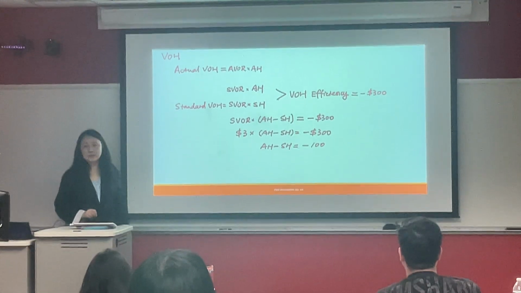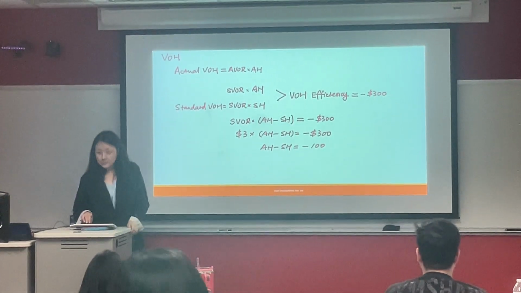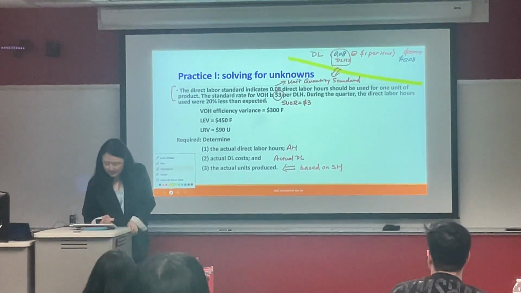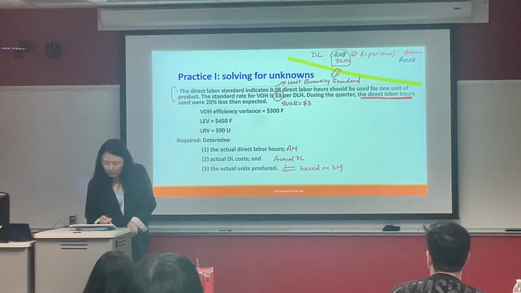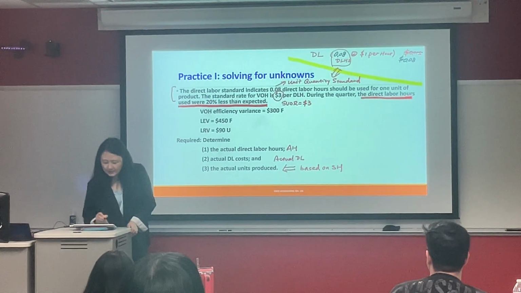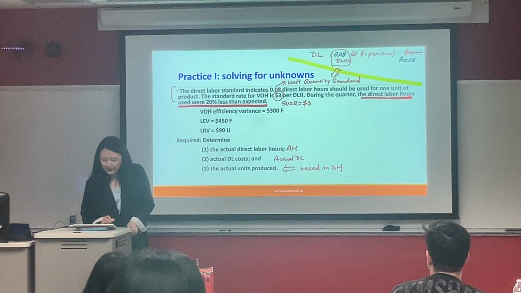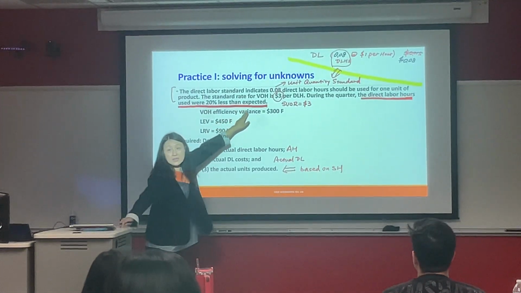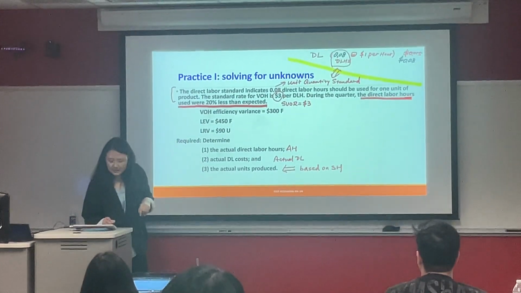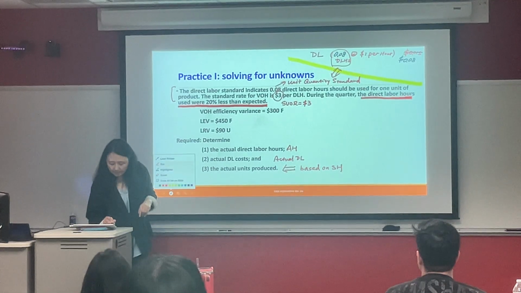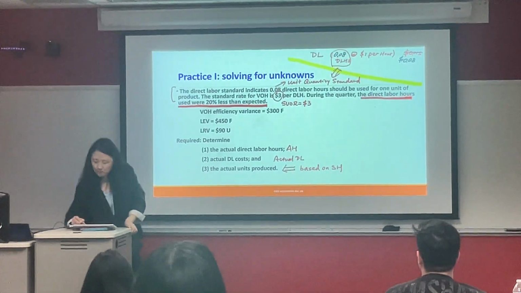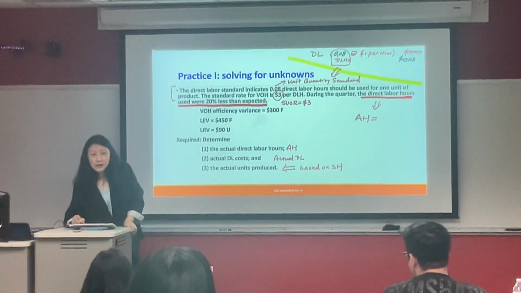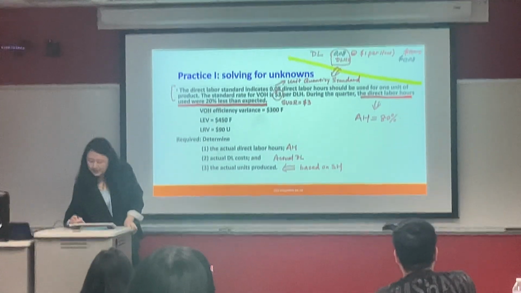Now, looking at this sentence, the direct labor hours used were 20% less than expected. What does that say? Direct labor hours used sounds like AH. Expected sounds like SH. What does this say about SH and AH? AH is 80% of standard hour.